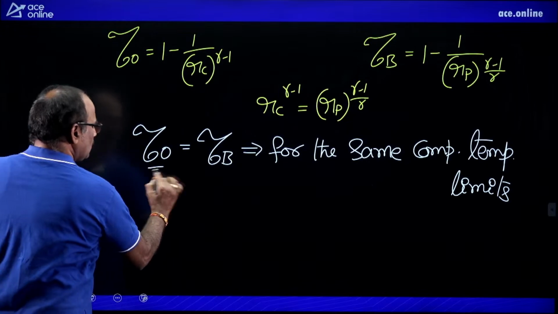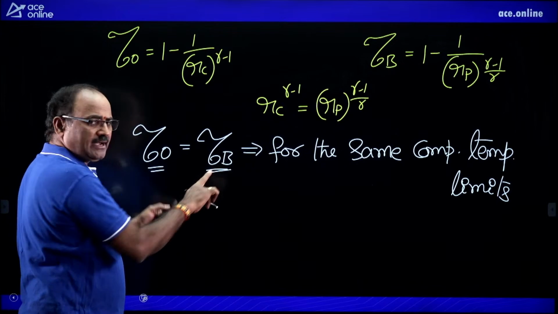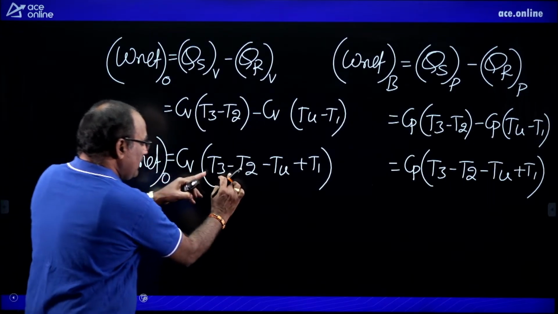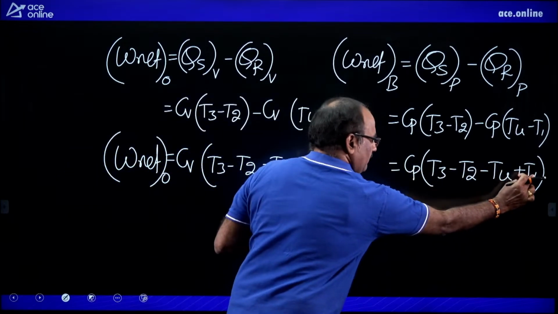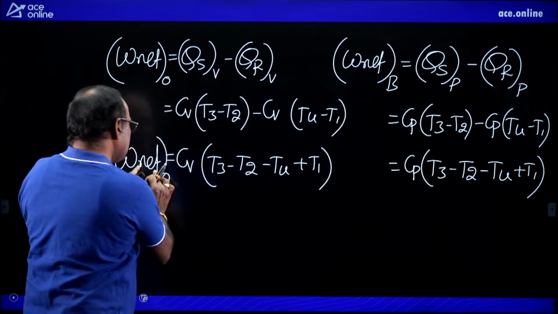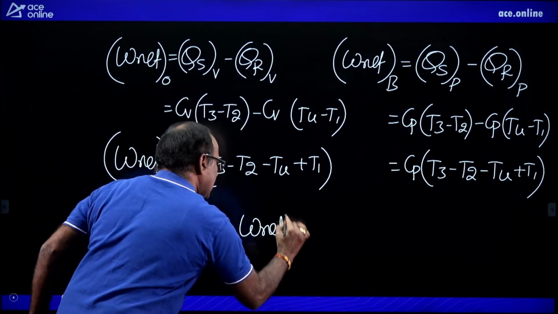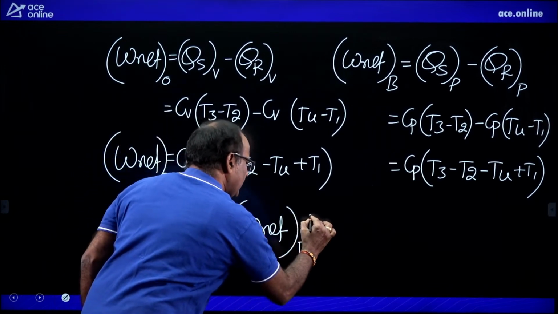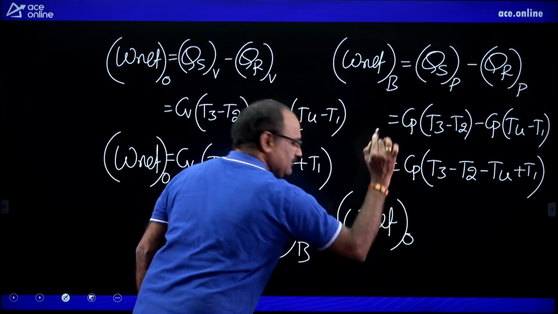We proved that Otto cycle efficiency equals Brayton cycle efficiency. Though the efficiencies are equal, for the same T1, T2, T3, T4, since Cp is more than Cv, the network output of the Brayton cycle is more than the network output of the Otto cycle. This is a very, very important point.